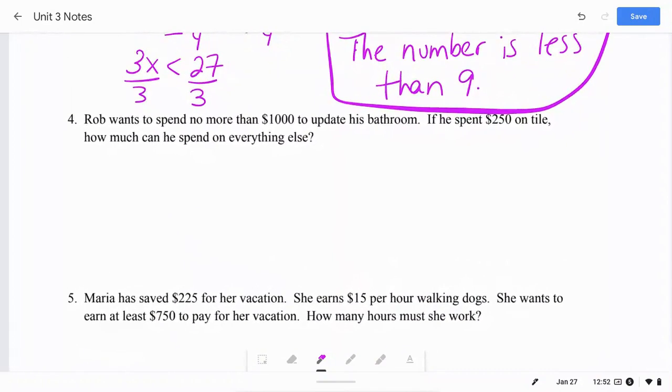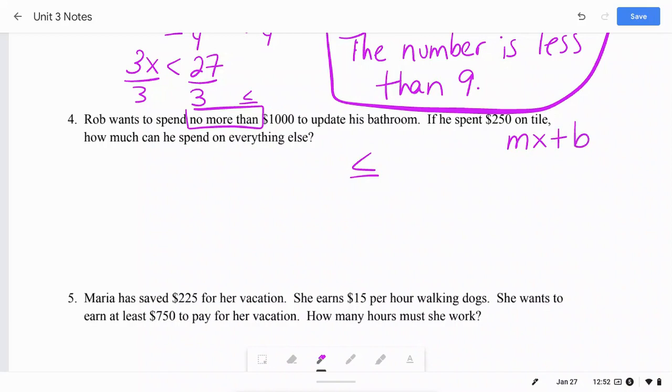So it says Rob wants to spend no more than $1,000 to update his bathroom. If he spent $250 on tile, how much can he spend on everything else? So again, it says he wants to spend no more than, so that means for my inequality symbol, it would be less than or equal to. So I'm going to write that down. And then I'm looking for mx plus b form.